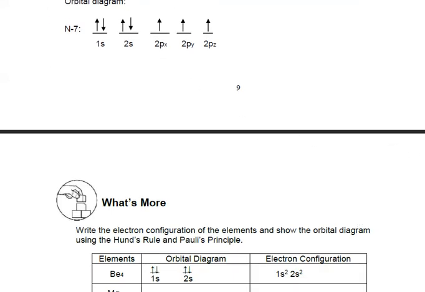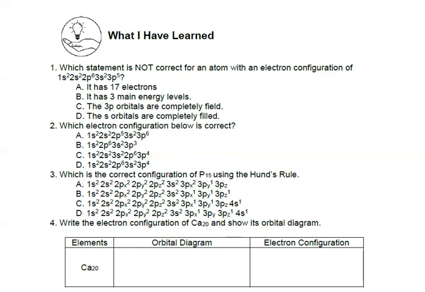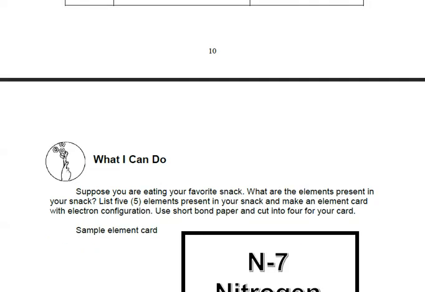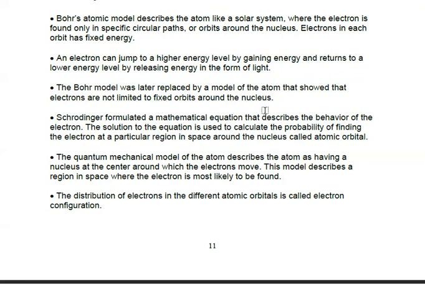Alright. So now we have learned that electrons have different energy levels. So to summarize, because of this, we have arrived at our quantum mechanical model of the atom from Bohr's atomic model, which says that the electron can be found in a specific circular path.